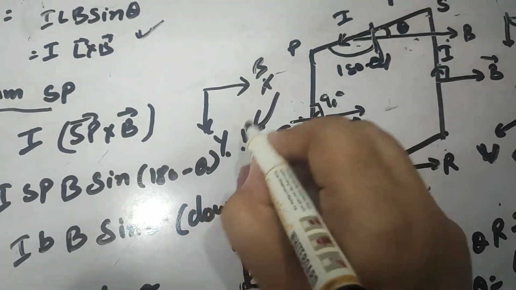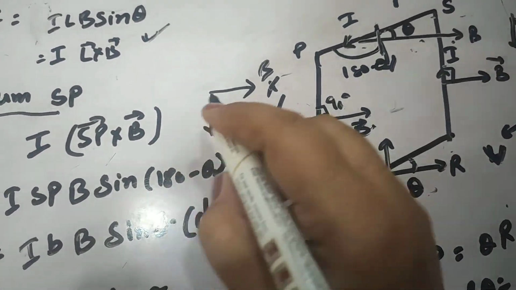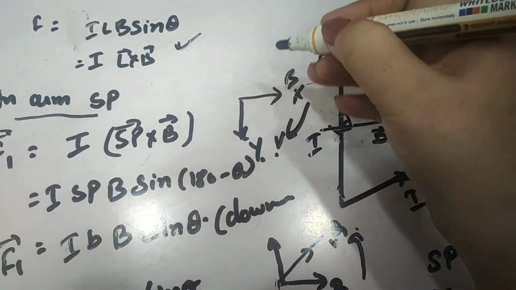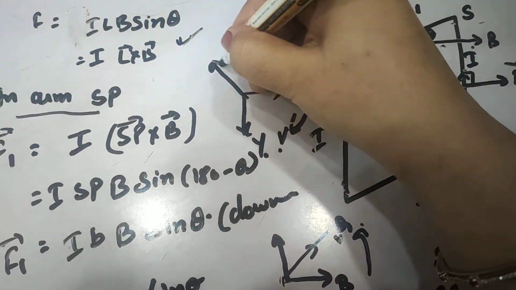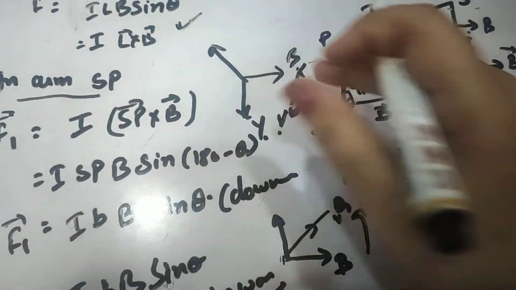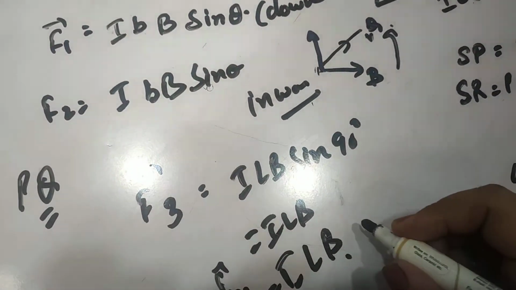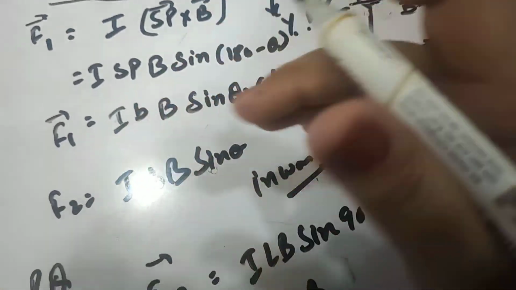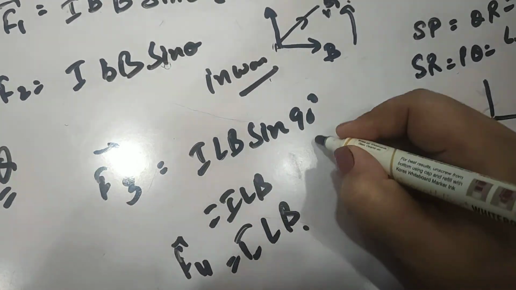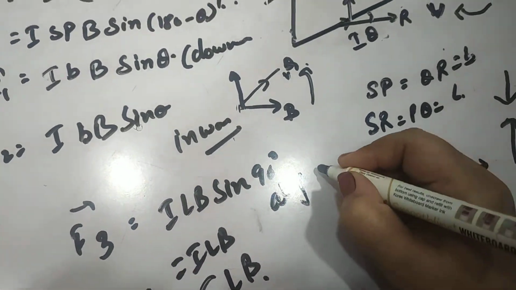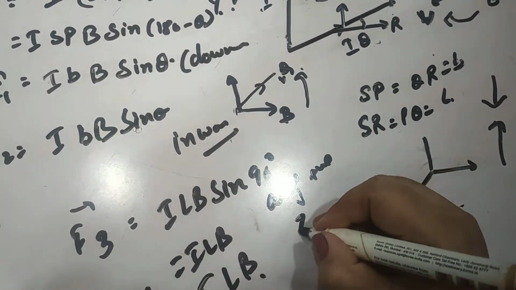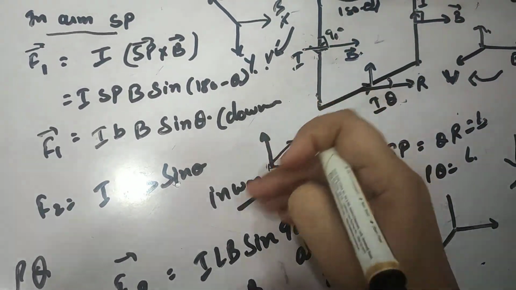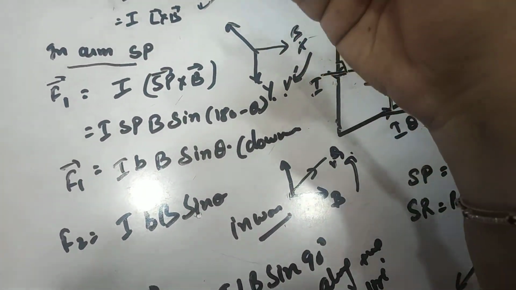This is clockwise, so the force will be directed in the Z direction. So we can say upward means directed toward the reader, along the positive Z direction, upward.